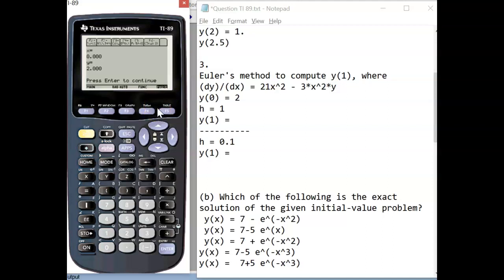So we enter this. We start at 0, 2. We press enter to continue. And we get 1, 2. So our approximation for y of 1 is 2 if we use one step.